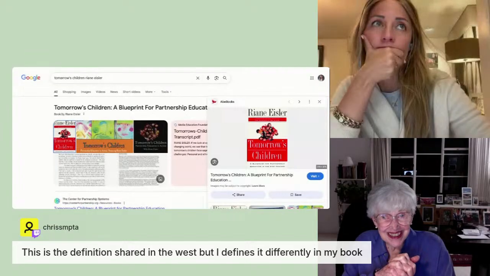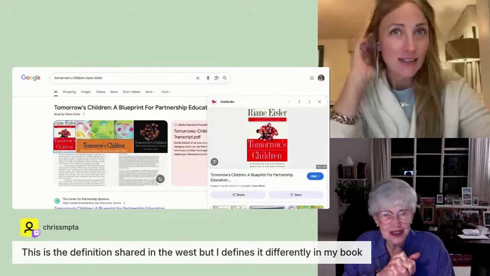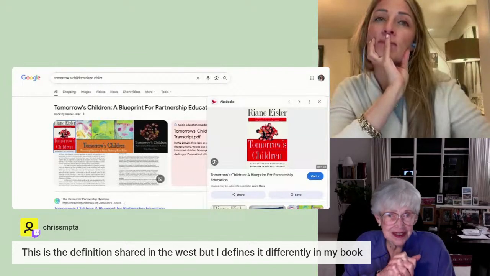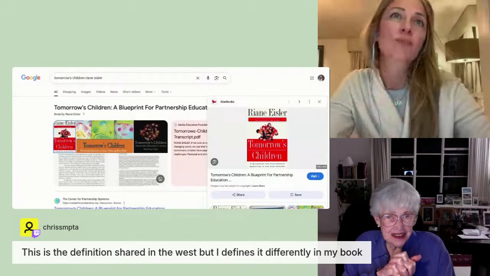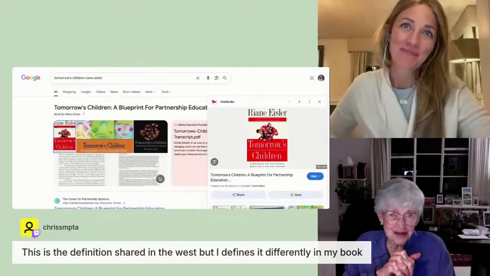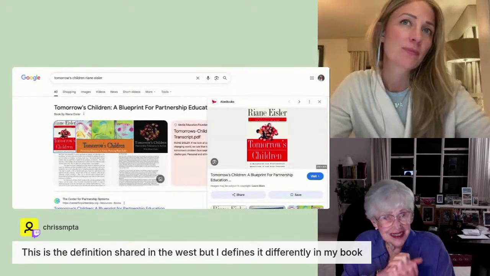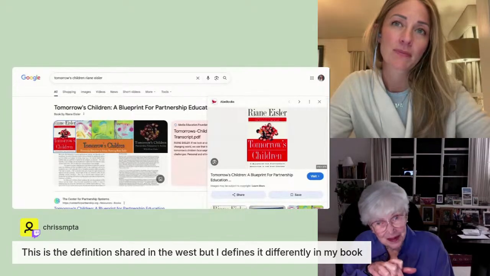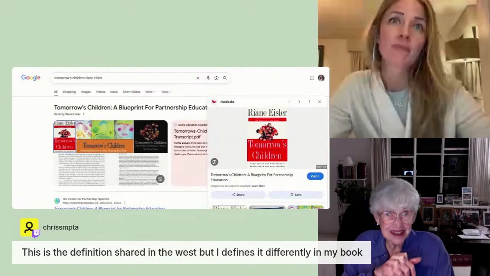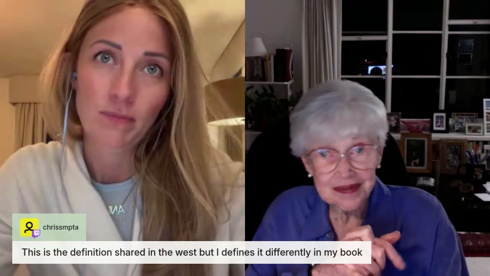And how do you define it? It's not the definition shared in the West, because in our summit, we had people from 26 nations, and they understand domination and partnership quite well. It's either interconnection, the partnership side, or top down, be it in the family, in government, in education, in economics.